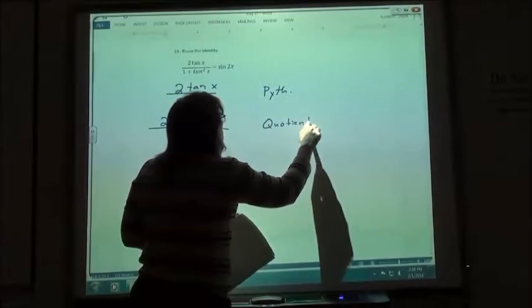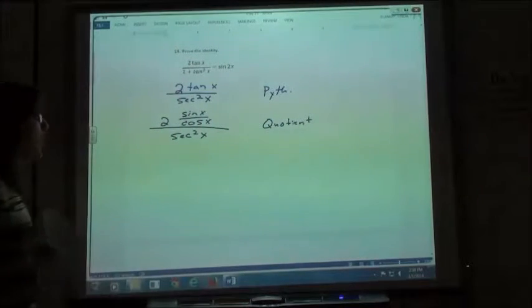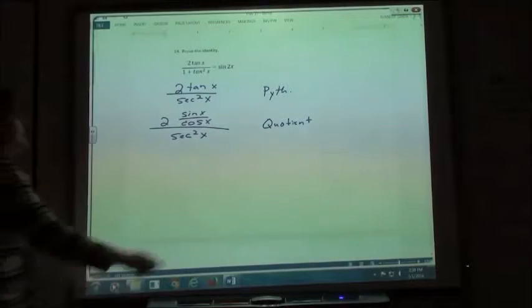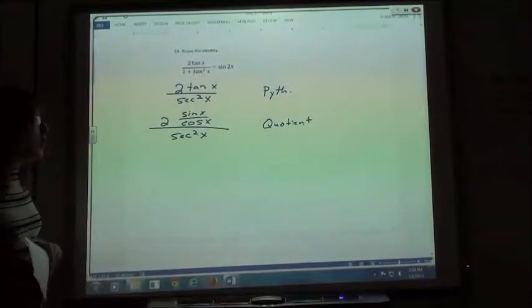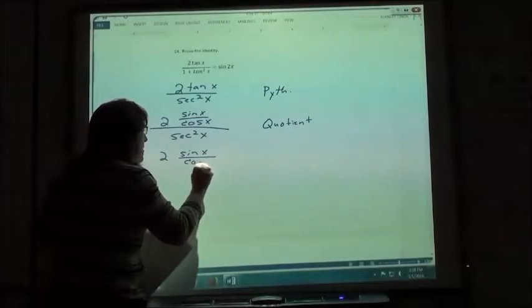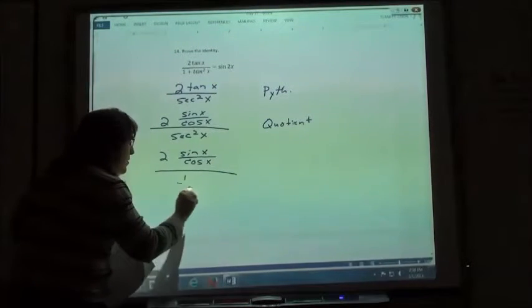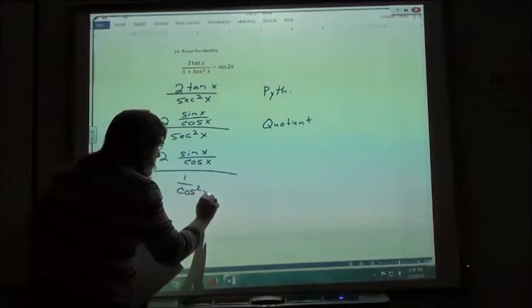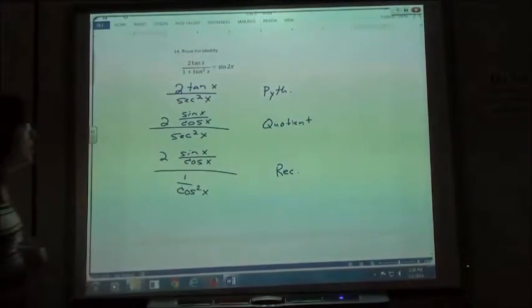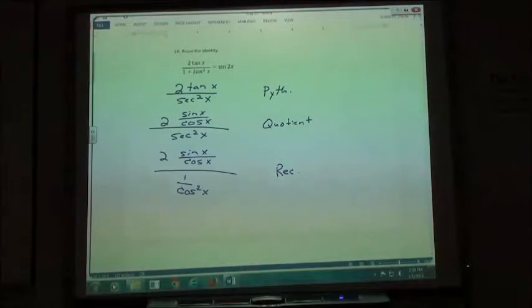And some of these you can do in different orders. Secant squared I can also substitute in using a reciprocal identity. Secant squared would be 1 over the cosine squared. That's my reciprocal identity. And so now I have to do some algebra. I have to invert and multiply.